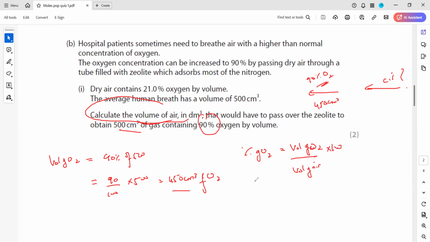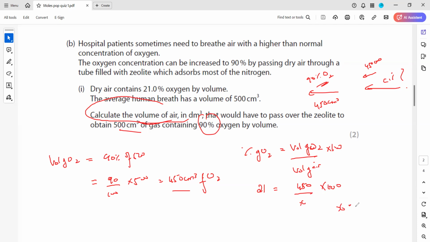What is the percentage of oxygen in air? It's 21%. So this air should contain 450 cm3 of oxygen. So 21 will be 450 divided by the volume of air, which we don't know, times 100.